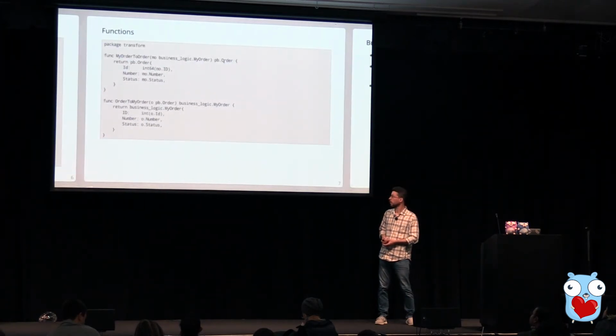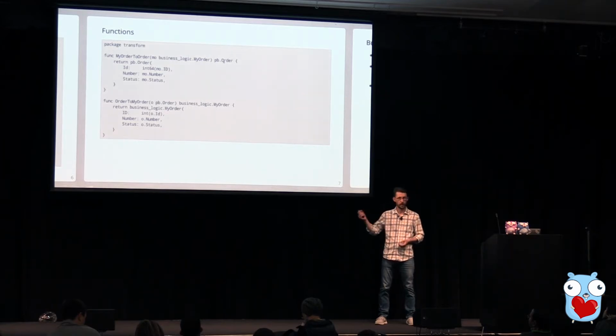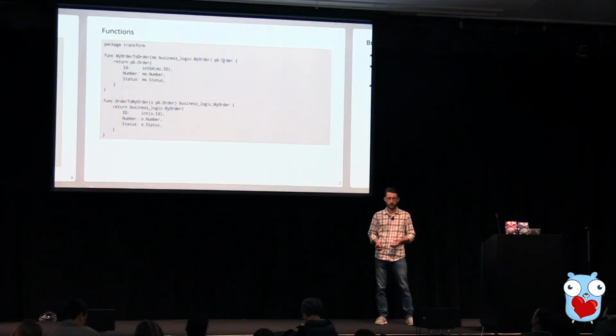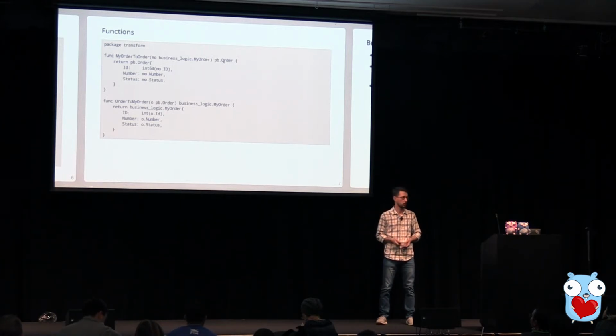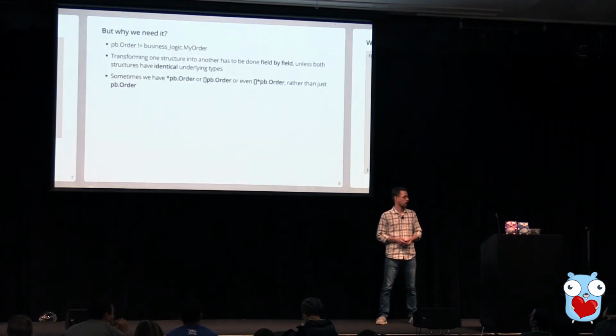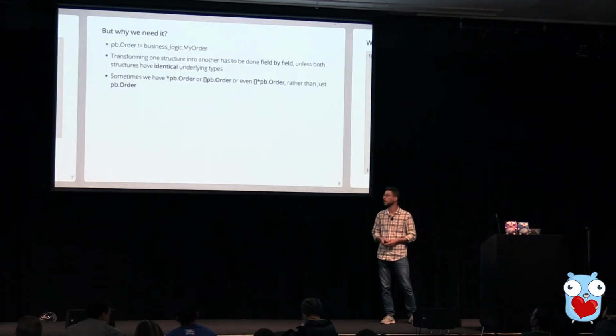So for convenience, we can create some functions which will perform these transformations between Protoc structs and business logic structs. The first function takes a business logic struct and returns a Protoc one, while the second function does the opposite work. Why do we need it?